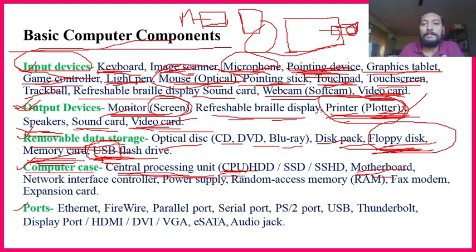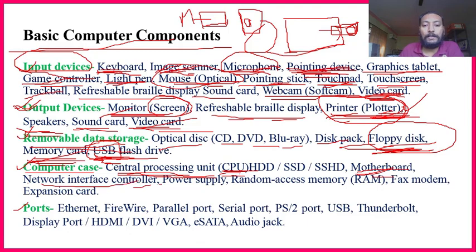Inside the CPU, the motherboard is present for the big desktop PC. But in a laptop there is no separate CPU; everything is present inside the laptop only, under the type pad, the motherboard.